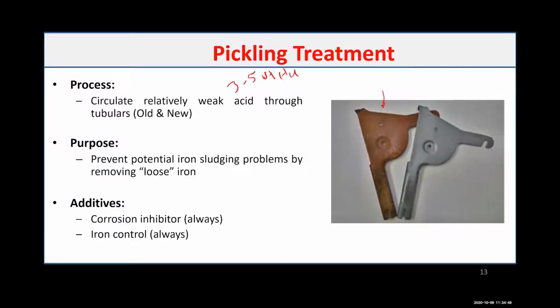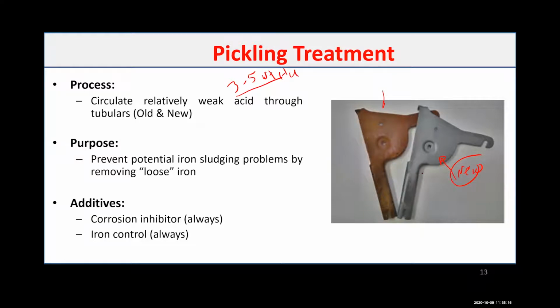If you pump your acid and the acid goes through to the formation, all this rust will go inside the formation and cause damage. Therefore, we circulate an acid like 3 to 5 weight % HCl to bring the pipe back to like new, and all this rust will come out and will not go inside the formation.